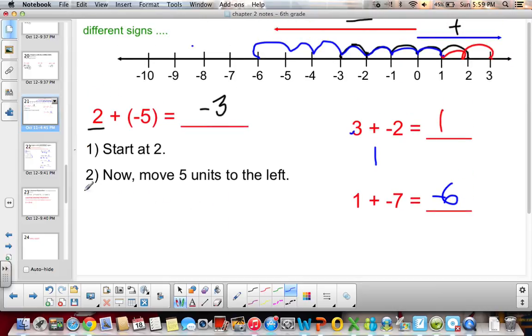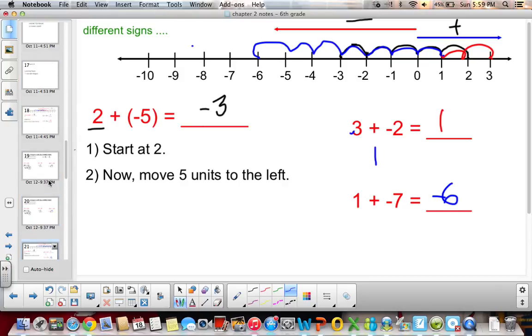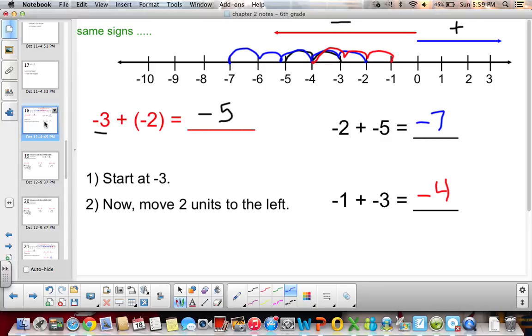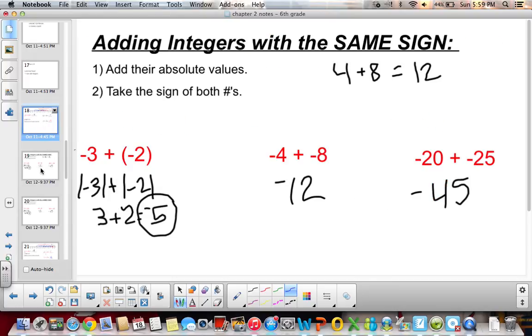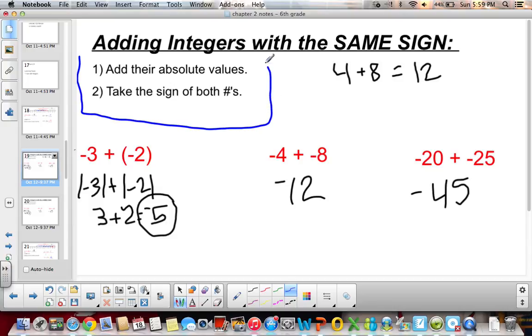Okay, so you probably want to make sure that you have a lot of this written down. So if you want to go back and write some of this down from the number line of the same signs, you can pause me right now and do that. Here are the rules about adding integers with the same sign. I would make sure that you have this written down and maybe 1 or 2 of the examples.